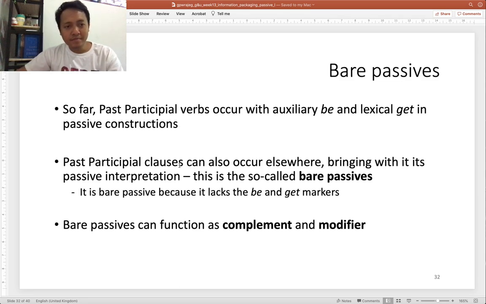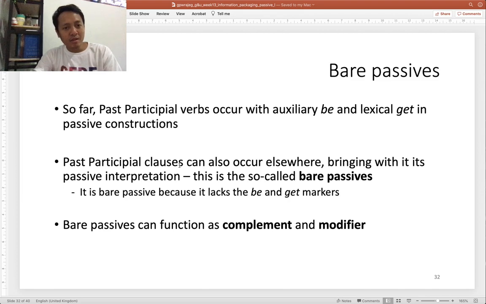What is this? So far, what we've seen from be passive and get passive, we all have a marker for the passive: either auxiliary be or the lexical verb get. The past participle occurs with a marker of passive, with be or lexical get.